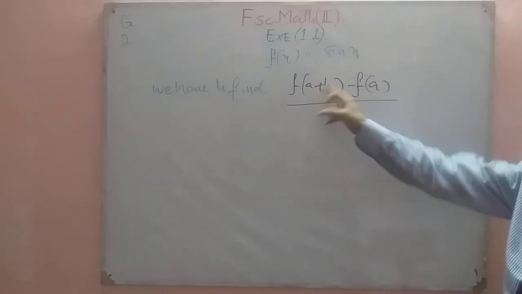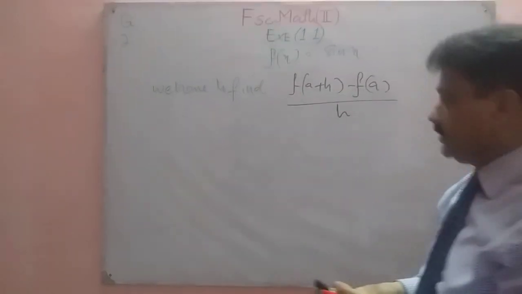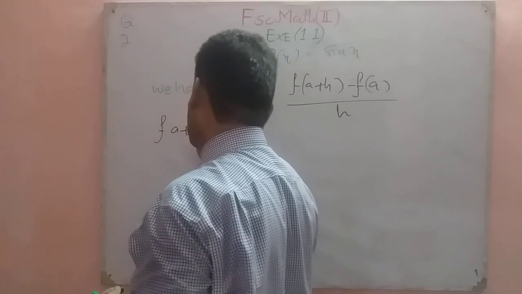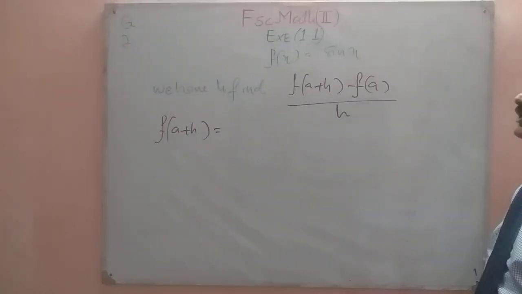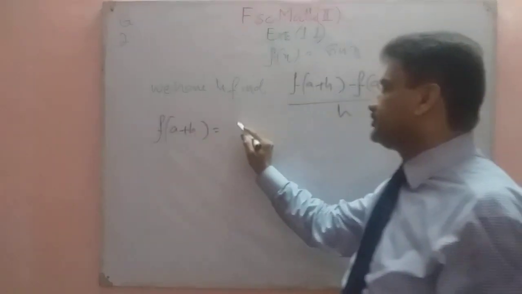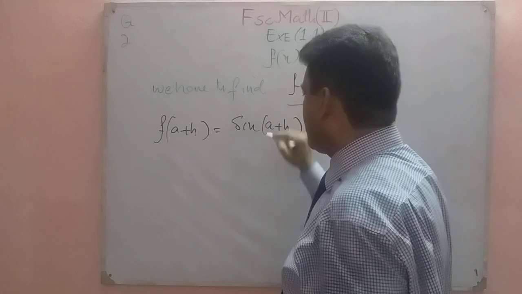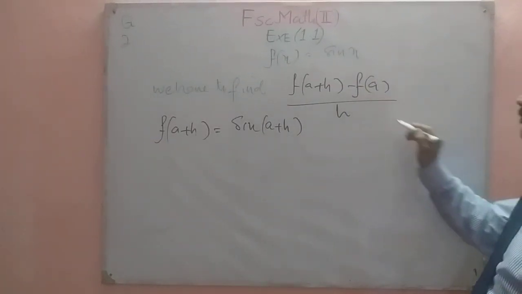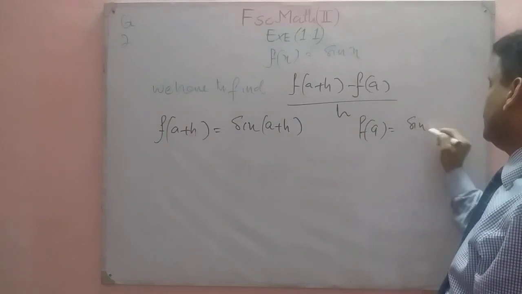To find f(a+h), we just replace x by a+h in this function. f(a+h) will be equal to sin(a+h), and f(a) will be equal to sin a.